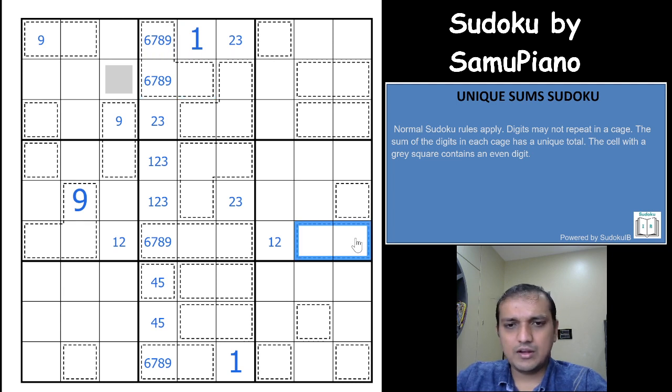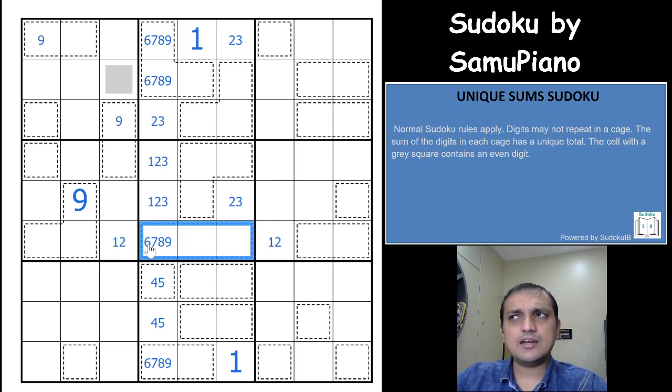So this is 11. Can it have a 9? Because of course this cannot have a 9. You already have a 9 in this box. 11 cannot have a 9 because the second digit would have to be 2. 2 is already used, so 9 would have to be in one of these three cells.